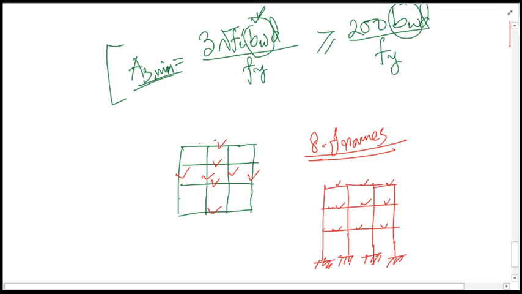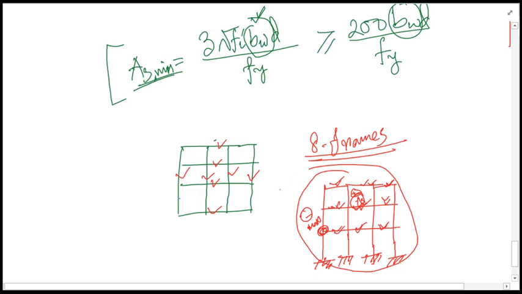Rather, for each frame you will be designing for the maximum value. Using the maximum required value, you will be designing the total beam. That is, if after analysis in this 2D frame you have the maximum positive required for this beam and the maximum negative for this beam, you will be using this maximum negative and this maximum positive for all the beams here.